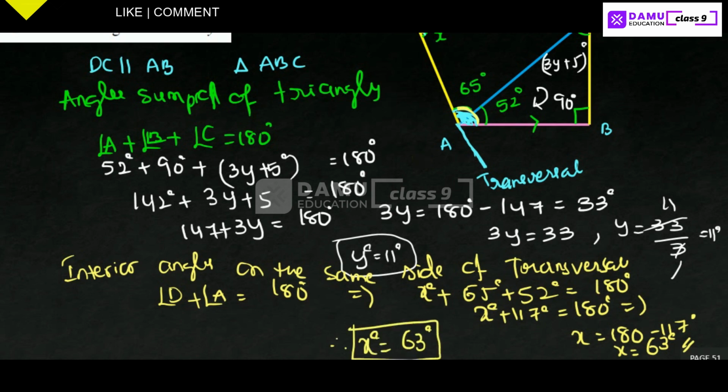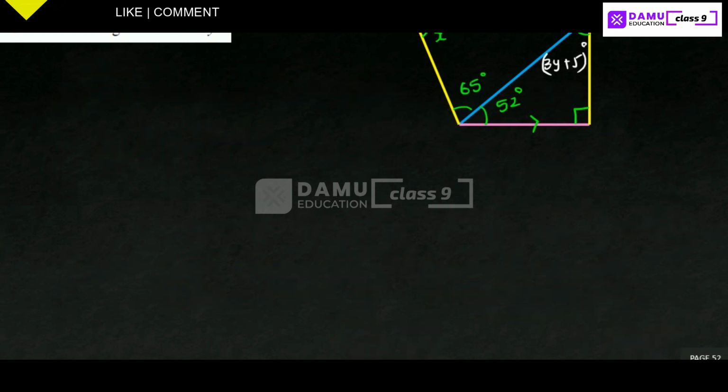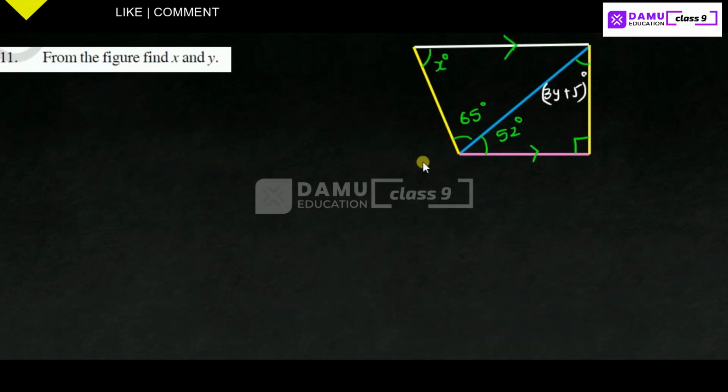Or we can go with another method. In order to find the x value, you can take this as the transversal. Here x and here x will be equal as corresponding angles. Then this angle in total makes 180 degrees.